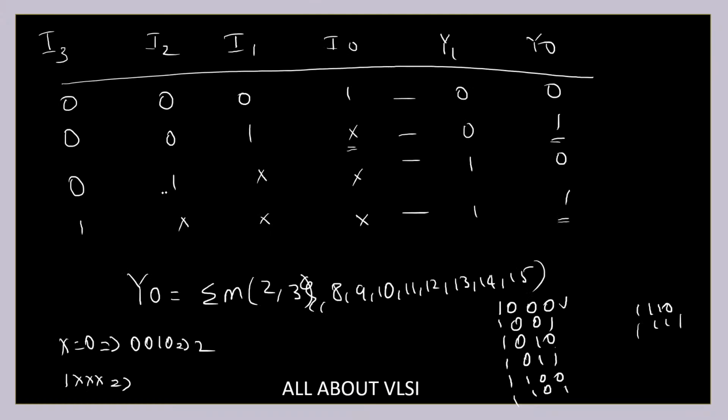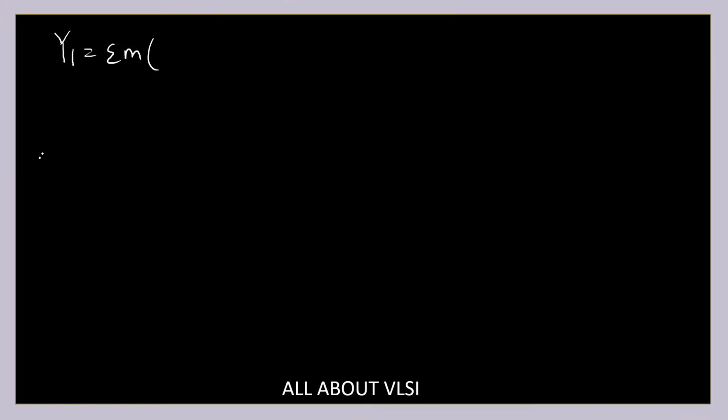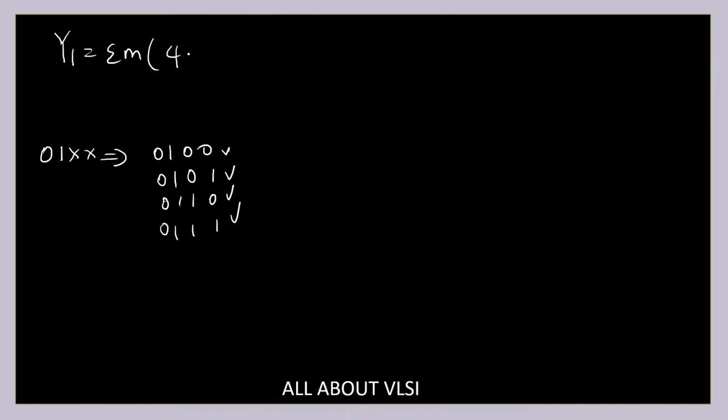Coming to the minterms for y1, again the same method. We have 0 1 x x, which if I expand it is 0 1 0 0, 0 1 0 1, 0 1 1 0, and 0 1 1 1. So starting from 4, 5, 6, and 7.